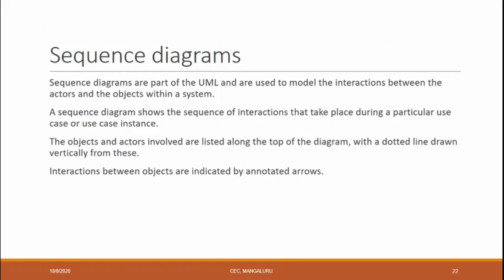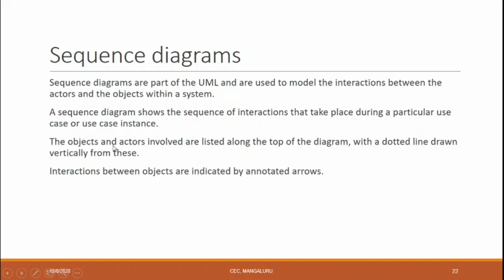Next, coming to the sequence diagram. Sequence diagrams are part of the UML, the Unified Modeling Language, and are used to model the interaction between the actors and the objects within a system. A sequence diagram shows the sequence of interactions that take place during a particular use case.